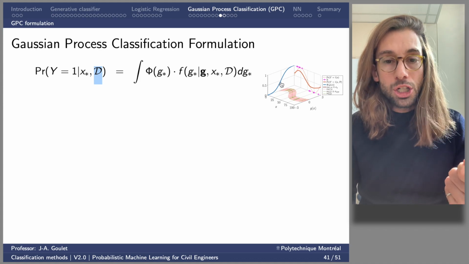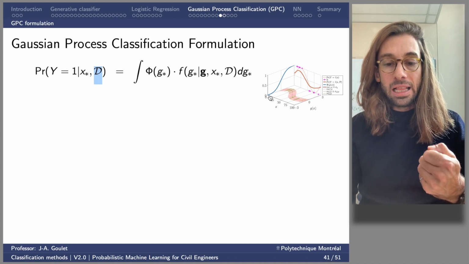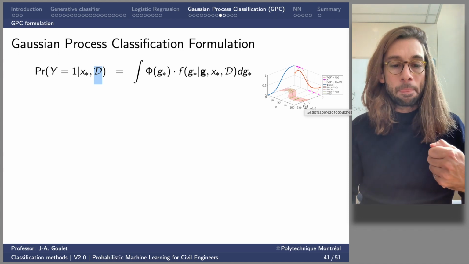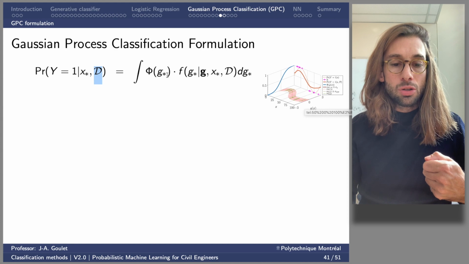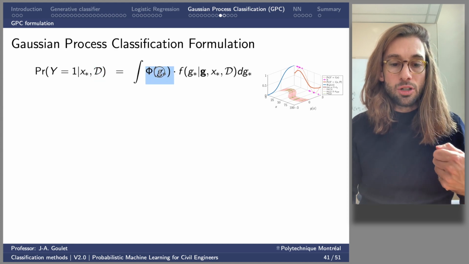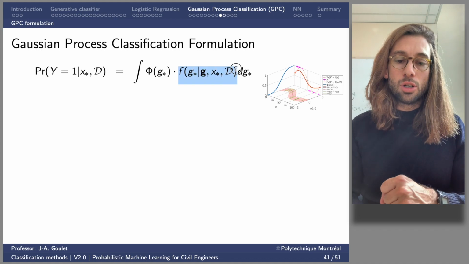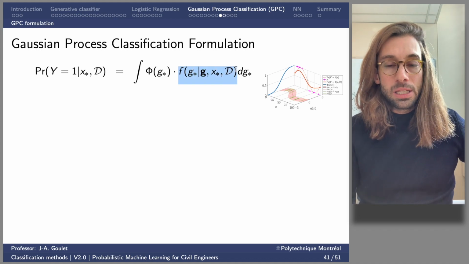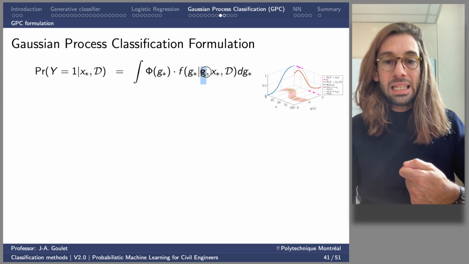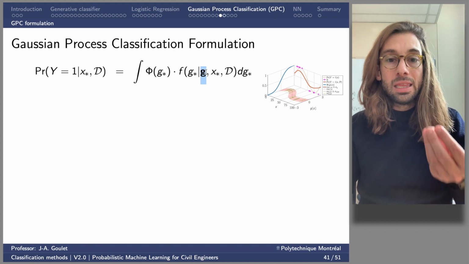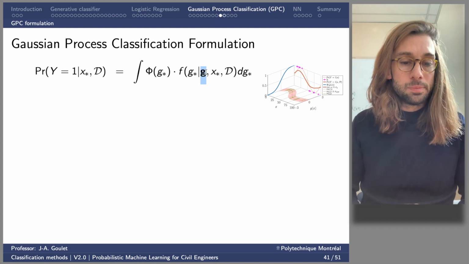It's going to squash the output of my latent Gaussian process into the interval 0, 1. So this is conditional on G star, the output of my latent Gaussian process, times the posterior for my latent Gaussian process. And that posterior depends on the data, but also on G, which are my latent observed values, the observed values that are not available that I need to infer.